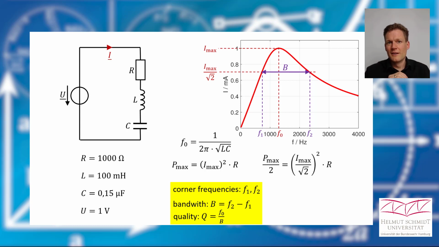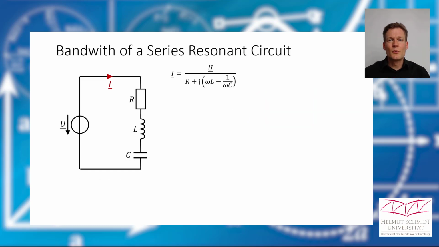So a resonance circuit has a better quality when the bandwidth is smaller. We can find the bandwidth if we have our diagram, but now I will show you how we can calculate the bandwidth. The way to get the final equation may be a bit difficult, but in the end we will have a very simple equation for that.